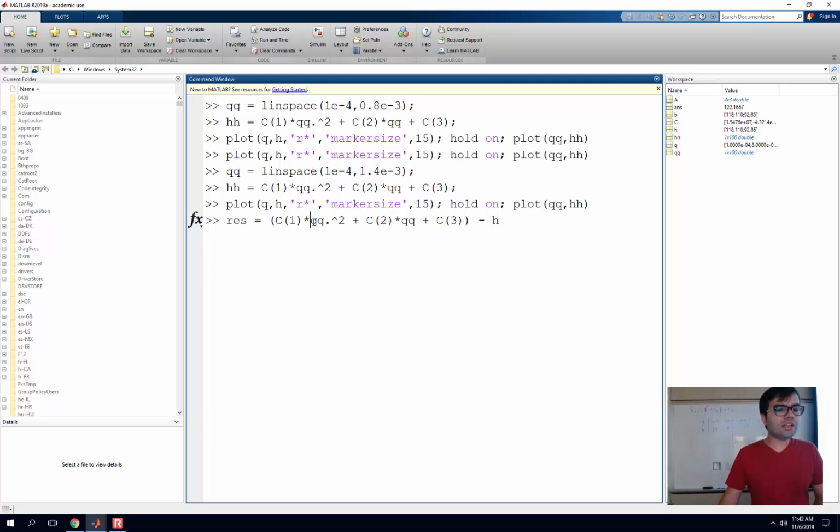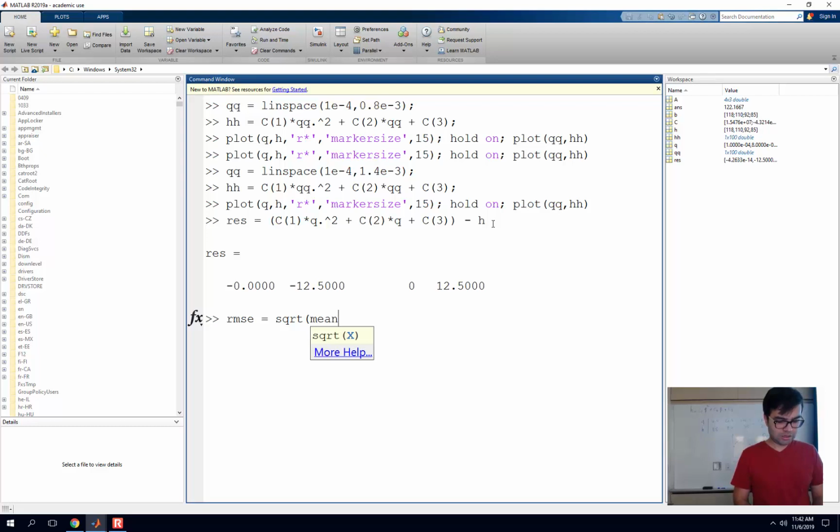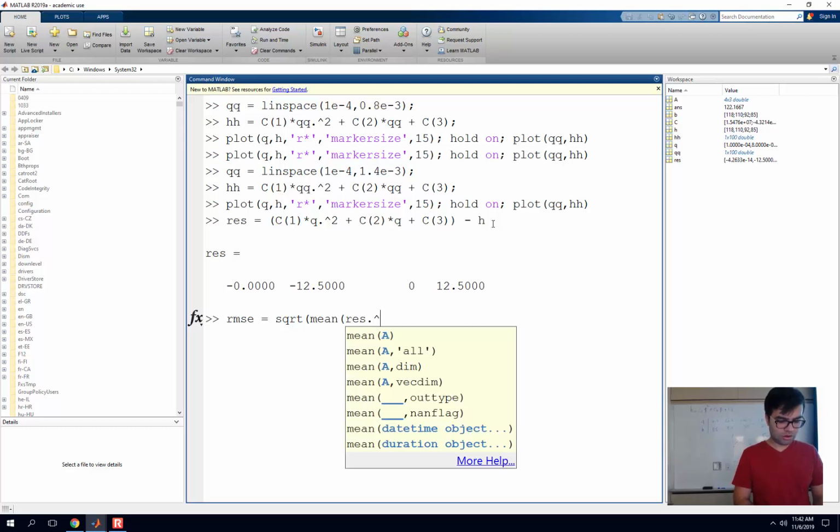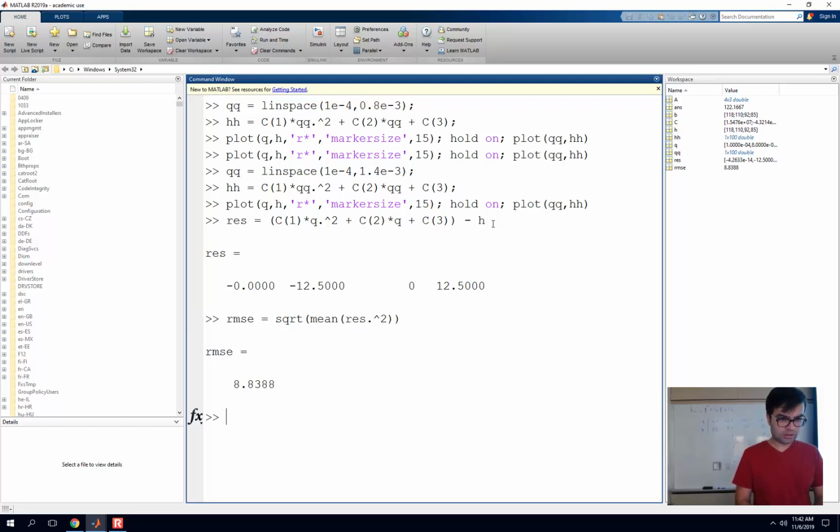The only thing is it's not QQ here, that's Q, because at the same elements that we have h, we need to evaluate our function. So that's my residuals. RMSE is sqrt of mean of residual squared. So that's my RMSE, 8.8.